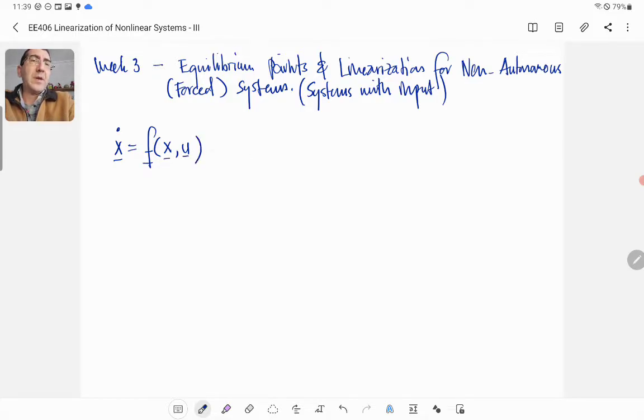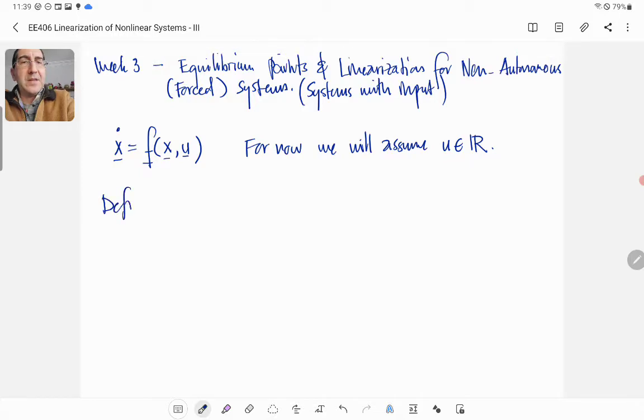For now, we will assume u is a scalar, but everything that we discussed can be very easily generalized. Now let's make a definition of an equilibrium point for such a system.